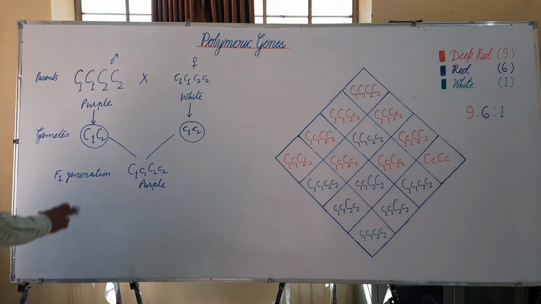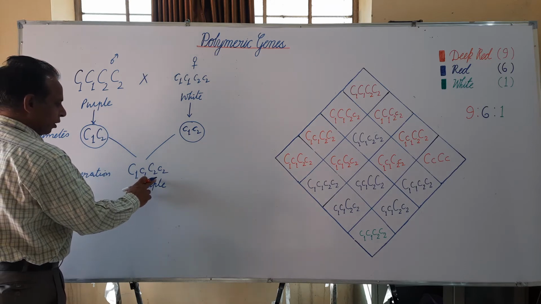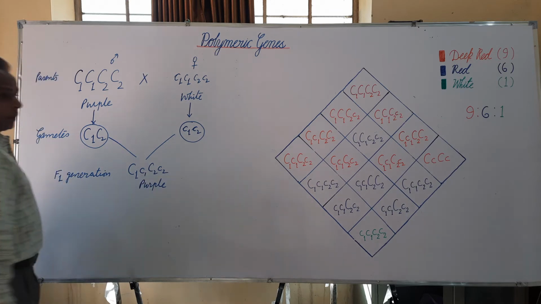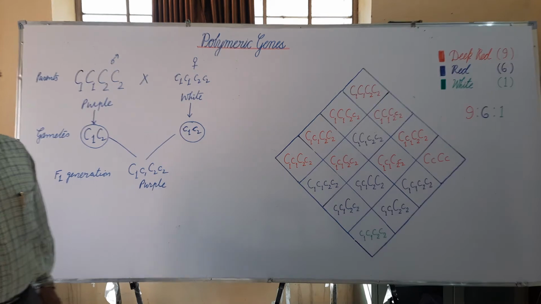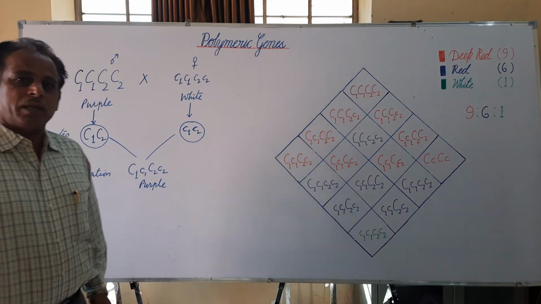When the F1 generation plant forms gametes, we know a heterozygous plant always produces more than one type of gamete.